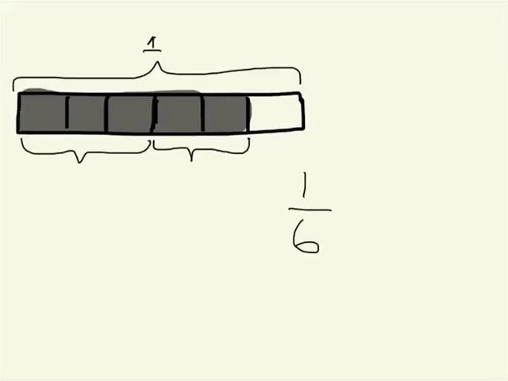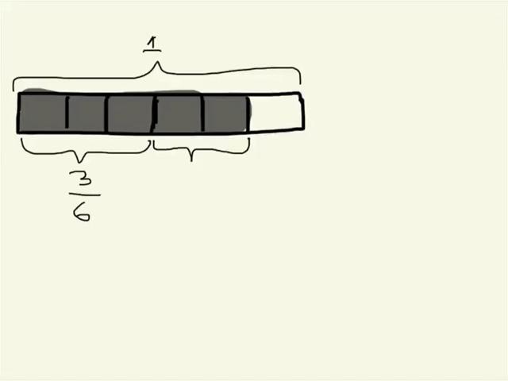However, here the brackets are focusing on more than one part at a time. So I'm going to label that this bracket here is focusing on 3/6, right? Talking about 3 parts, 1, 2, 3, out of the 6.